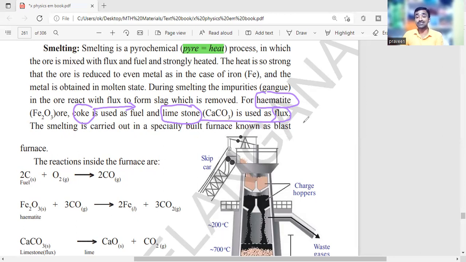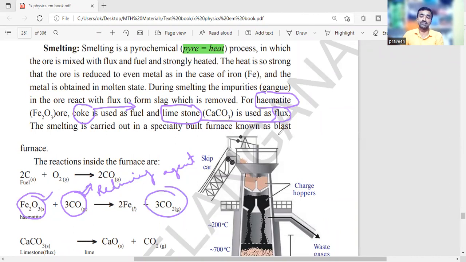That carbon monoxide is used as a reducing agent, reacting with the iron oxide and removing the oxygen from it. It is liberated as carbon dioxide and escapes. Then iron will be left in the liquid form, right?